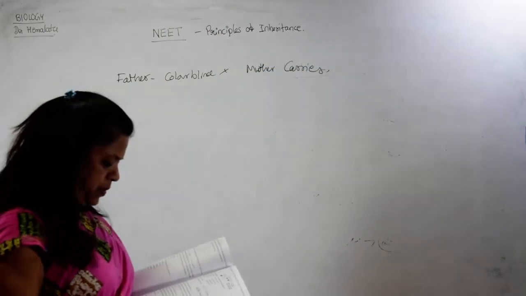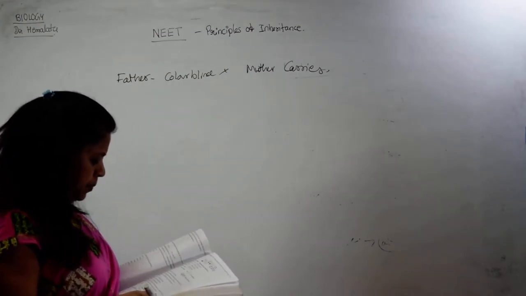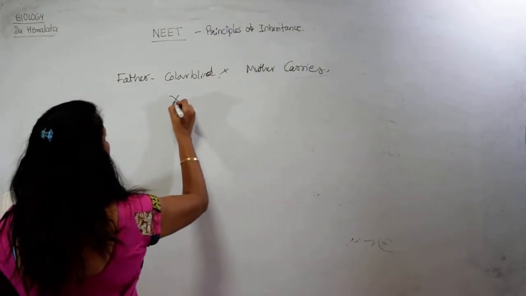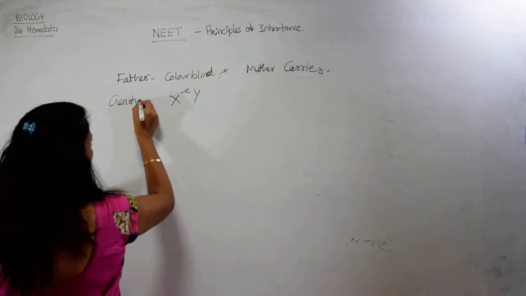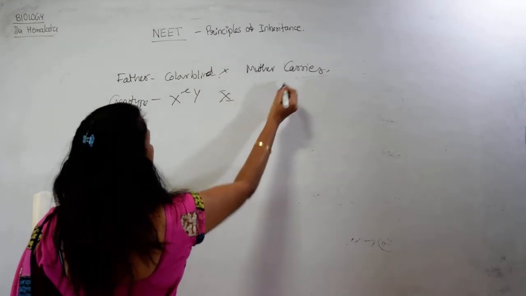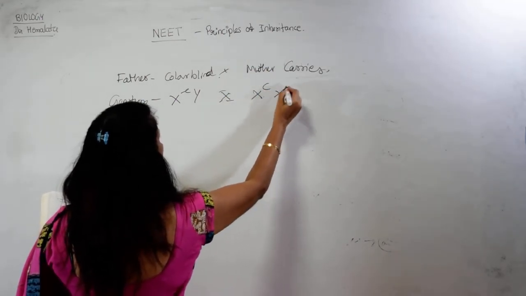Then what they said, the probability of child becoming colorblind, and so on. First you will write the genotypes. Father is colorblind means he will have X small c and Y. This is genotype. You should understand what is genotype because he is colorblind. He will have small c. Mother is a carrier. She will be X capital C, X small c.